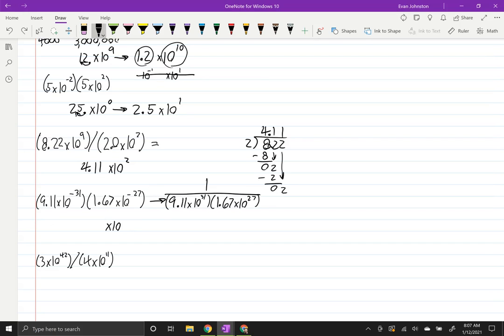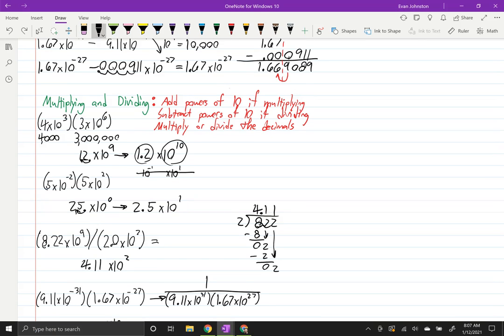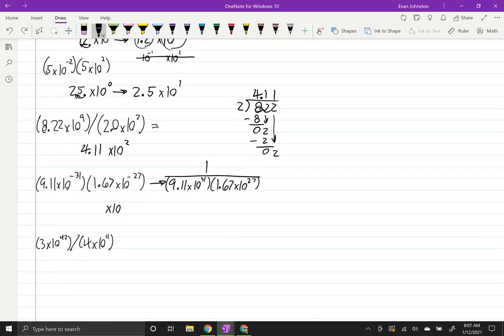We'll leave that aside and maybe look at it as a check for our work. Now, since we're multiplying, we're just going to add the powers of 10. It's easy to add negative 31 and negative 27. That gives us negative 58, because 1 and 7 is 8, and 3 and 2 gives us 5.